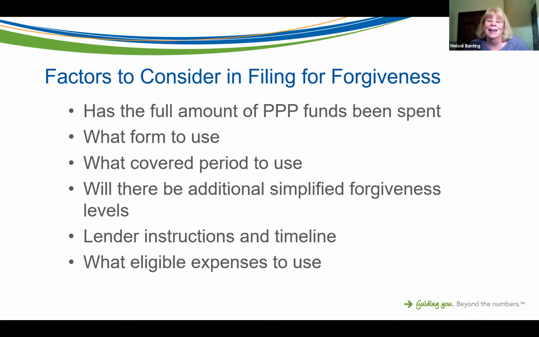Reason being, it's going to limit the amount of documentation that you have to put together. It makes it easier for the banker, and they're appreciative when they only have to do that. And there's less long-term documentation and other issues that you have to comply with by using that payroll.